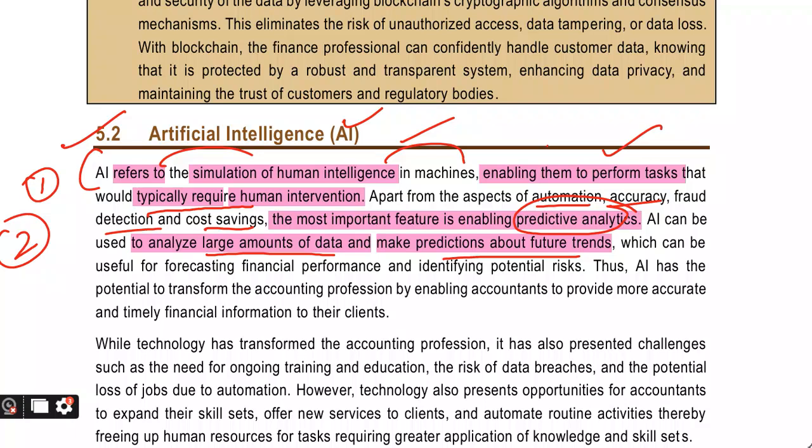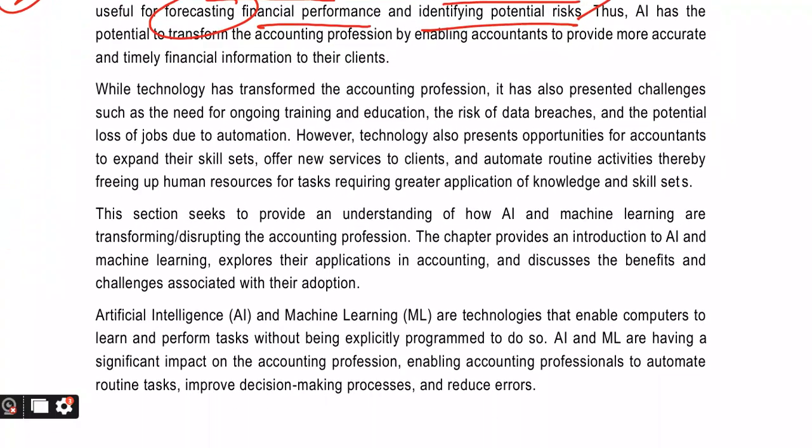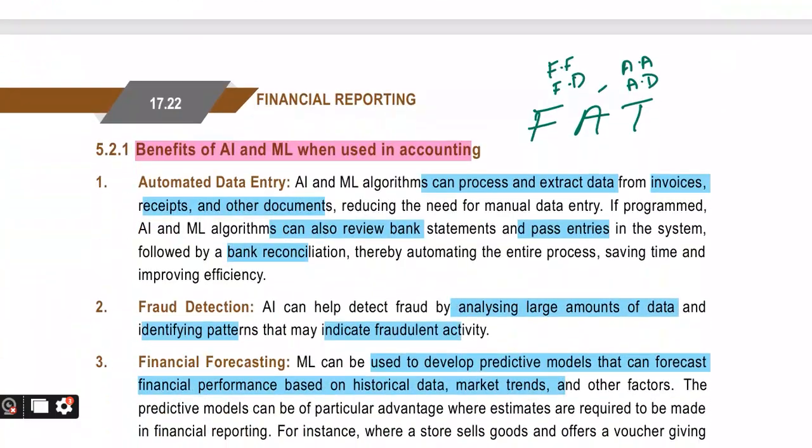It will be useful for forecasting the financial performance and identifying your potential risks, what the risks are, and how to take proactive steps. That is how we are going to use AI. So this is the introduction part you can write, and the other points you can just run through.